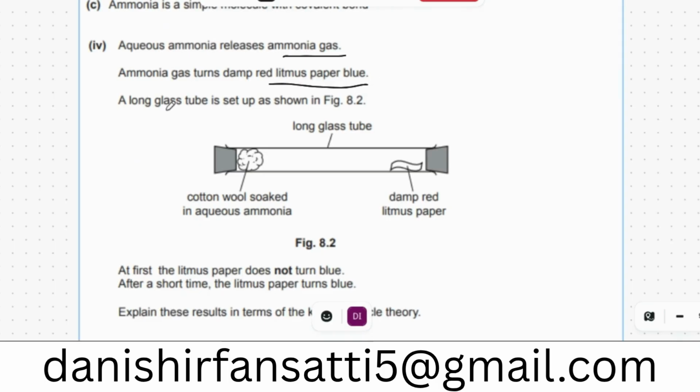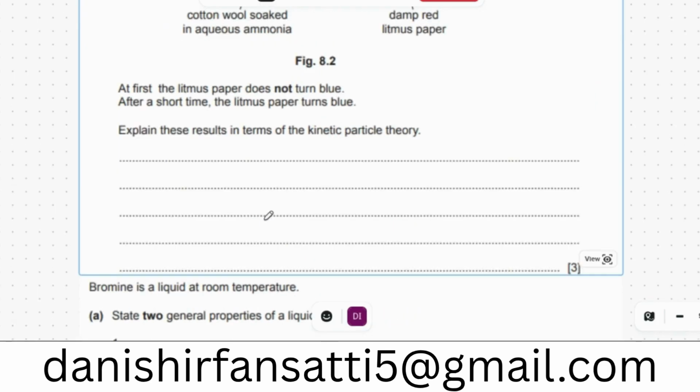We know that gas, we also discussed it in our lectures. A long glass tube is set up as shown, with cotton soaked in aqueous ammonia and damp red litmus paper. At first, the litmus paper does not turn blue. Okay, after a short time, the litmus paper turns blue. Explain these results in terms of kinetic particle theory.